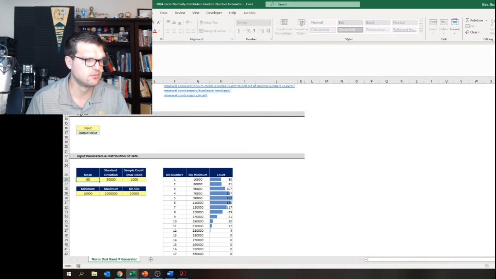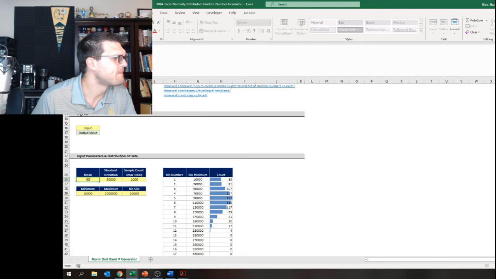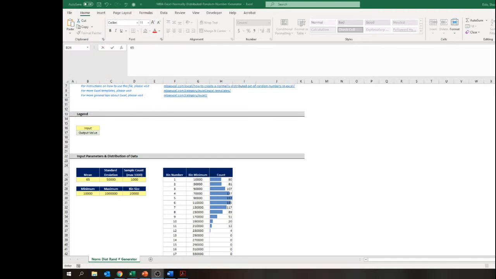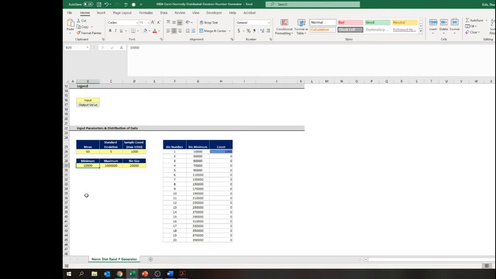I'm going to have a mean of 65 with a standard deviation of 5, a min of 52, and a max of 78, with bin sizes of 3.